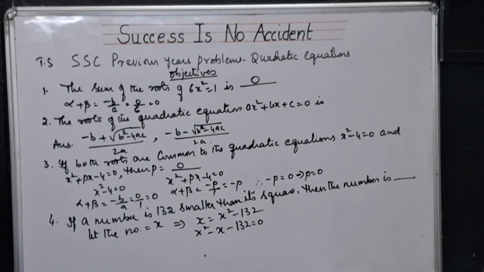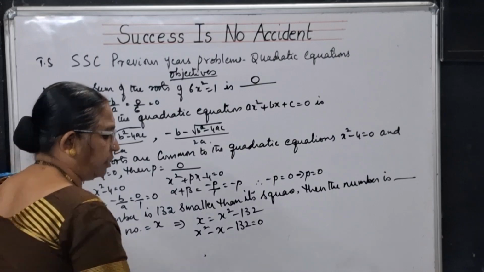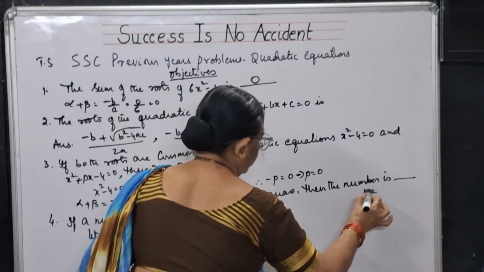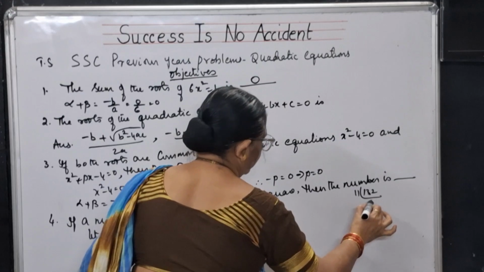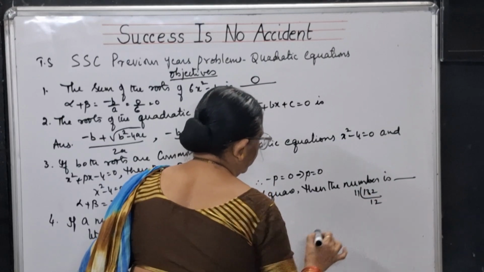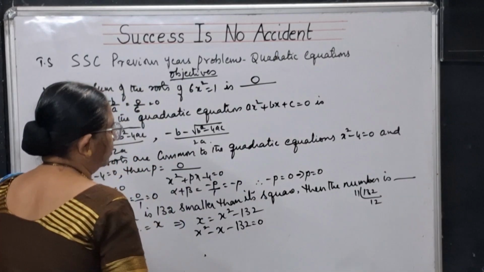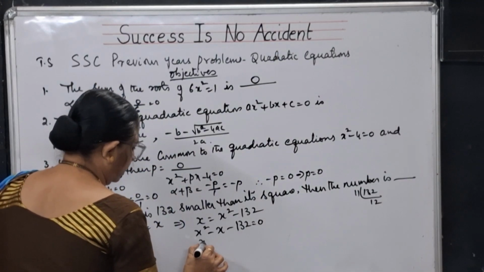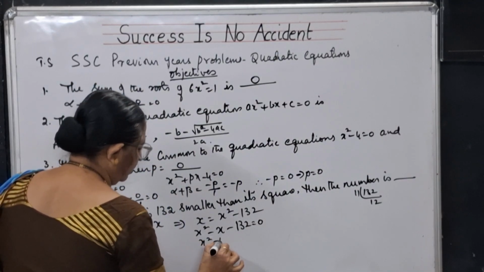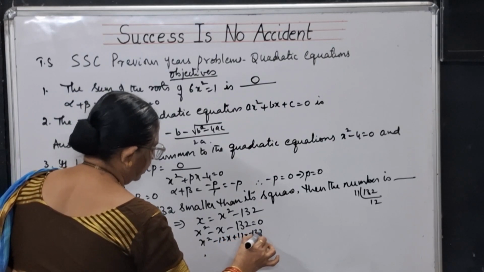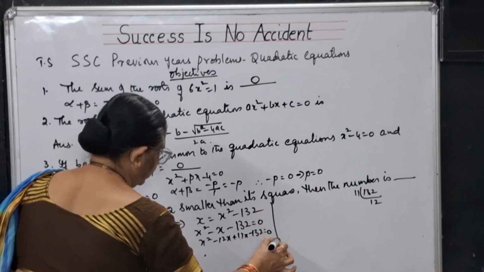So for 132, you can say 11 ones are 11, 11 twos are 22, and so on. So you need 11 and 12. If you take 11 and 12, I can take it as x square minus 12x plus 11x minus 132 is equal to 0.